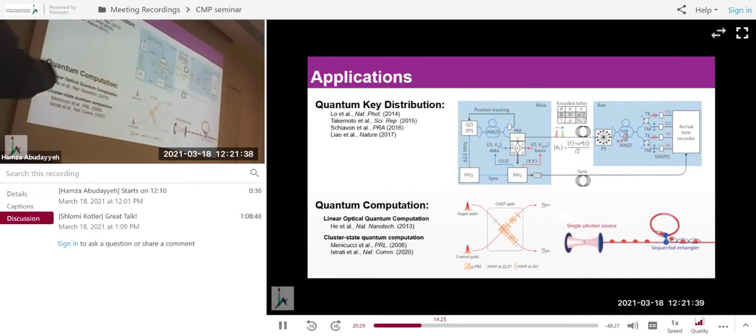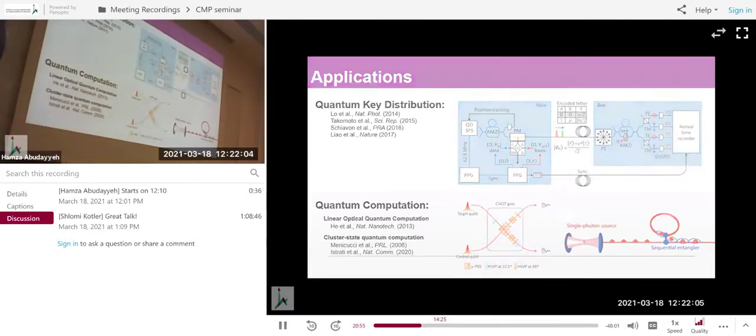There's also the whole craze these days about quantum computation. So in the photonic realm, you can imagine doing quantum computation either using linear optical quantum computation with these CNOT gates, or using these nice cluster state sources, what HUJI is doing now with Pascal, and do some post measurements on these to do quantum computation.